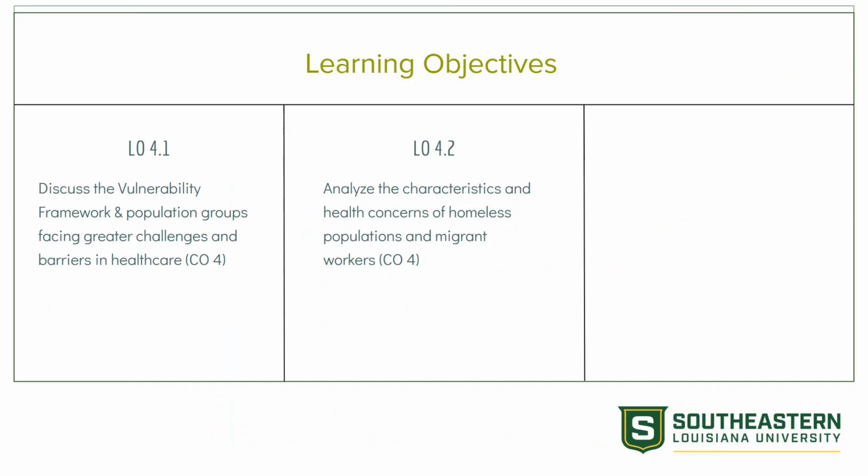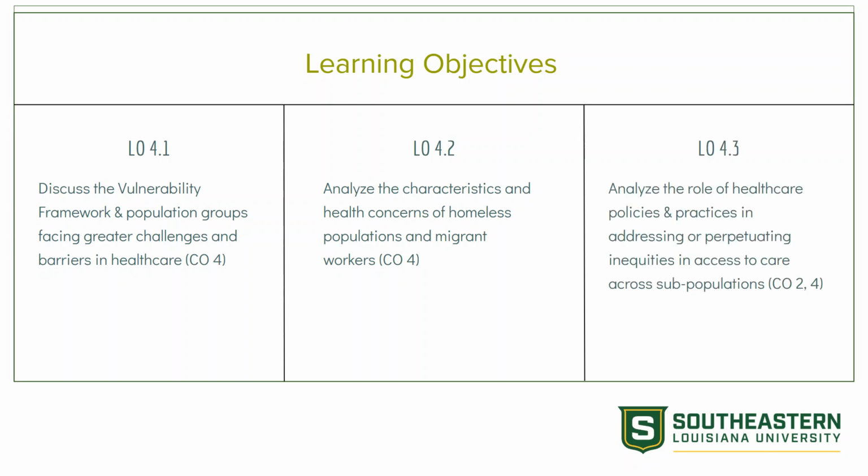Secondly, by the end of this class, you will be able to analyze the characteristics and health concerns of two specific vulnerable populations, the homeless population and migrant workers. And lastly, you will be able to analyze the role of healthcare policies and practice and how they are related to addressing or perpetuating inequities in access to care across different subpopulations.